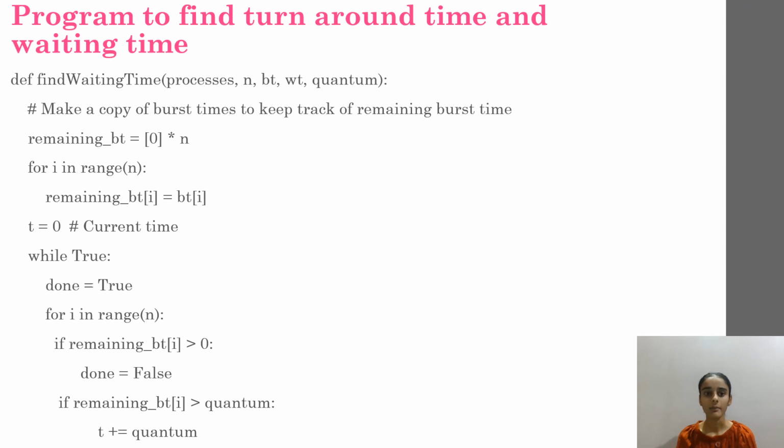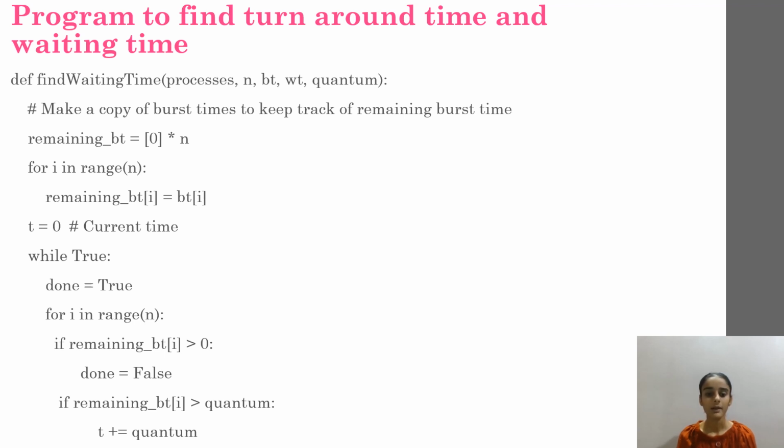Program for turnaround time and waiting time. Find waiting time of processes n, bt. Make a copy of the burst times to keep the remaining burst time. So remaining burst time is equal to 0 star n. For i in range, remaining burst time is equal to burst time. t is equal to 0, that is the current time. While true, done is equal to true. For i in range of n, if remaining burst time is greater than 0, done is equal to false.